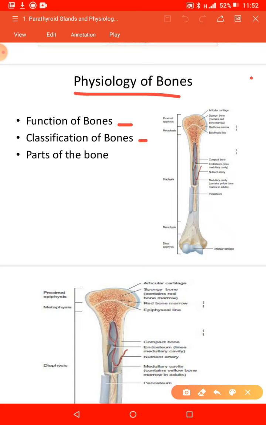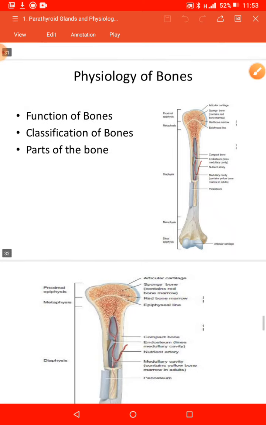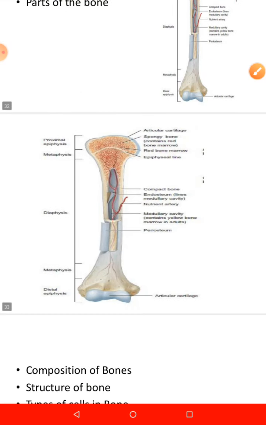And then from your anatomy, if you remember, they are classified as long bones, short bones, flat bones, irregular bones, and the sesamoid bones. Now this diagram shows the various parts of the bone. This is a long bone. It is cylindrical, and it is made up of three portions.